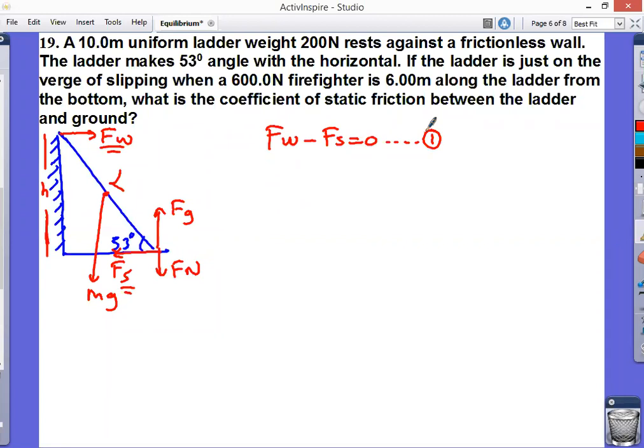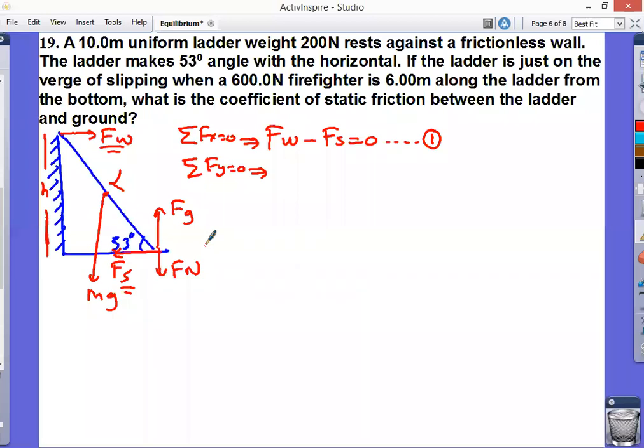The second one, let's find the vertical component. Again, the total of fx will be 0, and the total of fy, again, will be 0. So let's find them. Let's consider the up direction as positive, the down direction will be negative.